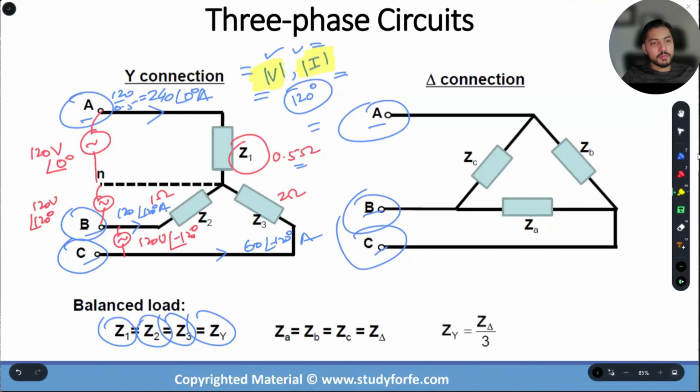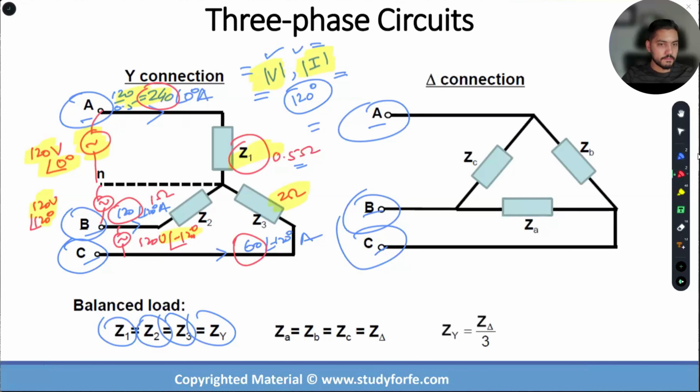If you limit your evaluation of balanced three-phase circuits just to the sources, you might be tempted into thinking that this is a balanced system. But because the impedances are mismatched, they will result in unbalanced currents, because you can see this is 240, this is 120, this is 60.